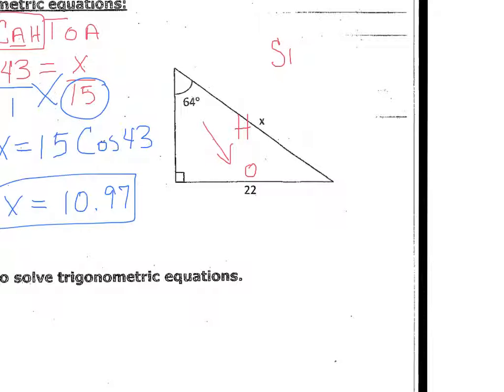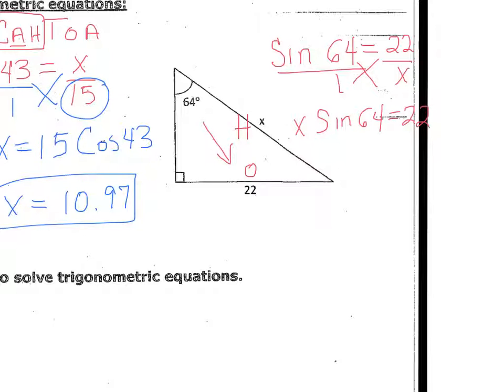Okay, let's start from the beginning. Sine of 64 degrees equals the opposite, which is 22, over x. We make it a proportion. Then you write x sine of 64 equals 22, and then divide both sides by sine of 64, and then just put that into the calculator, right?